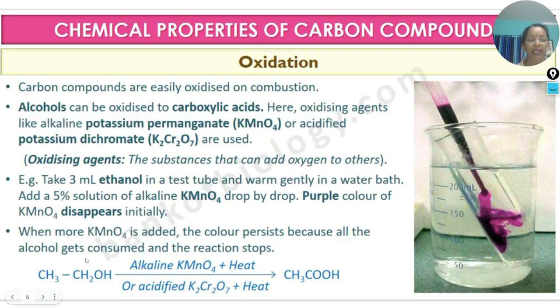Once the ethanol is completely reacted, the additional KMnO4 coming down will be retained as such, so the color will remain. So that is oxidation of ethanol into ethanoic acid or acetic acid.